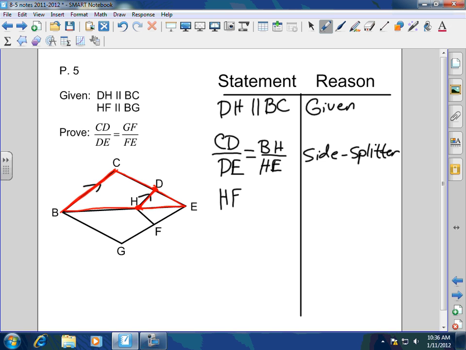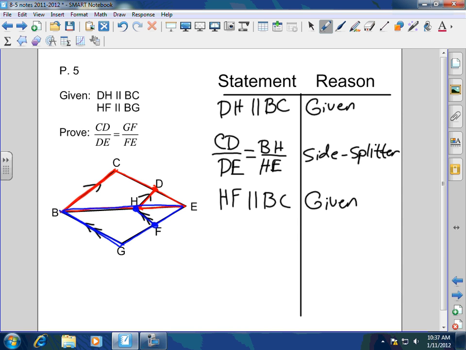HF is parallel to BC, given. So let's investigate that fact. Since HF is parallel to BG, don't I have yet another side splitter? Because this HF is parallel to BG, HF intersects the two other sides.